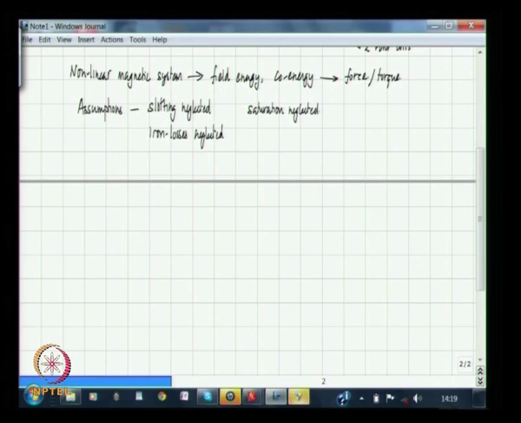We started with the 4 coil system, for which we wrote down the voltage equations, and from that we derived an expression for the generated electromagnetic torque. And then we found that there are certain disadvantages to the representation of the system for the purpose of doing numerical computations.